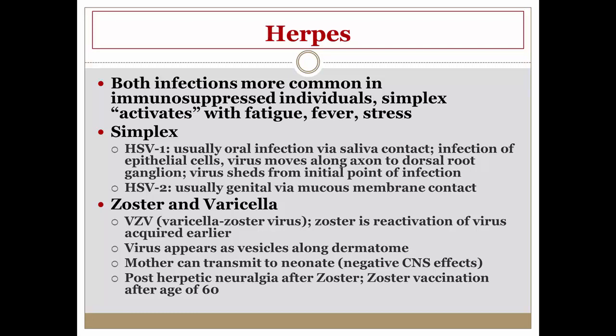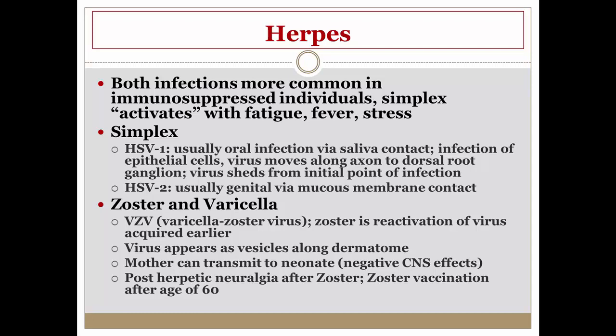So varicella is chickenpox, right? And this is the same virus. So varicella manifests as chickenpox, but zoster is a reactivation of this virus that was acquired earlier. And the virus appears as vesicles along a dermatome.